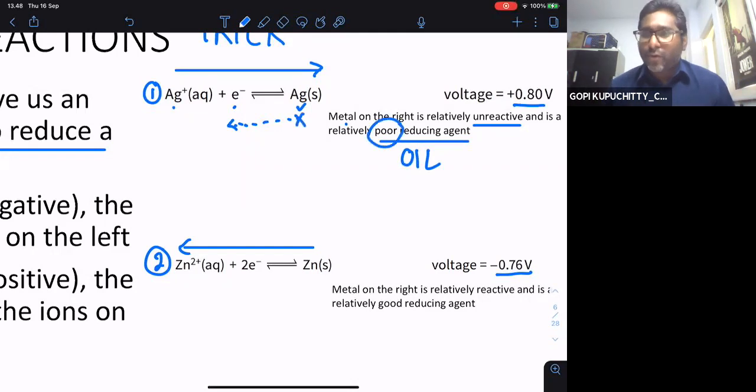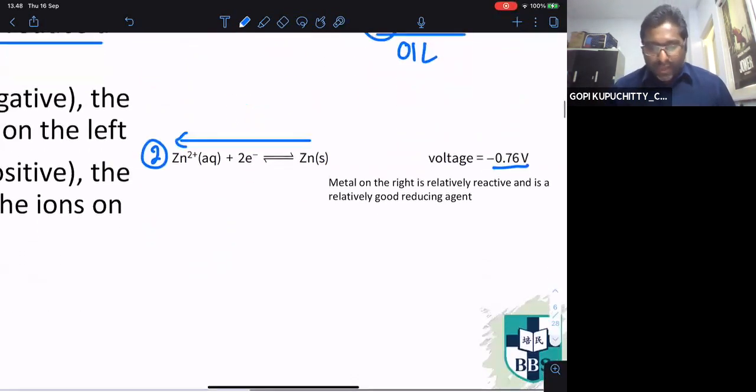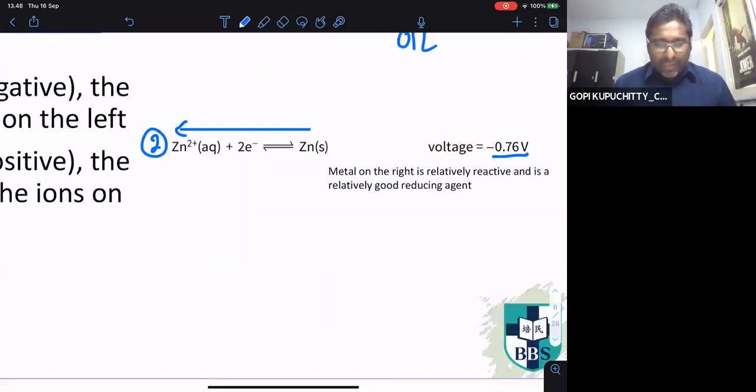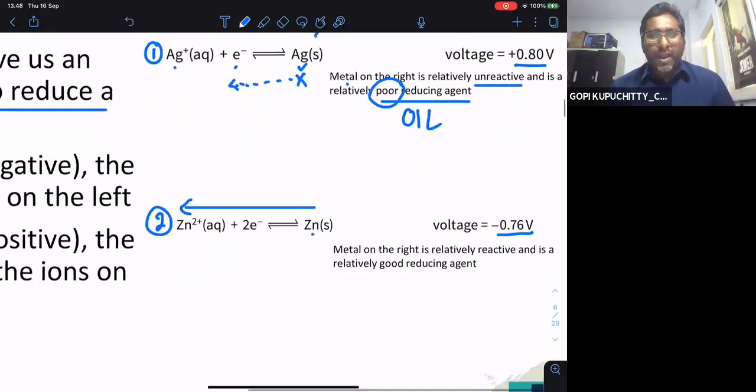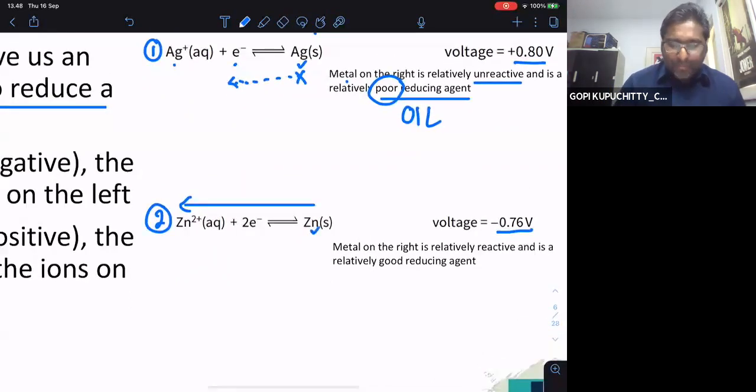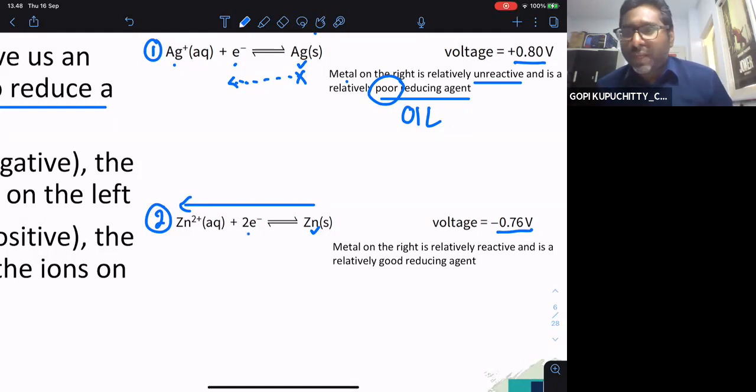You can come up with the conclusion over here. If you use the same situation for the second equation, you see the metal on the right is zinc. If I compare with silver, I can say that zinc metal is more reactive. Why? Because zinc can give out electron easily, because the position of the equilibrium is towards the left.